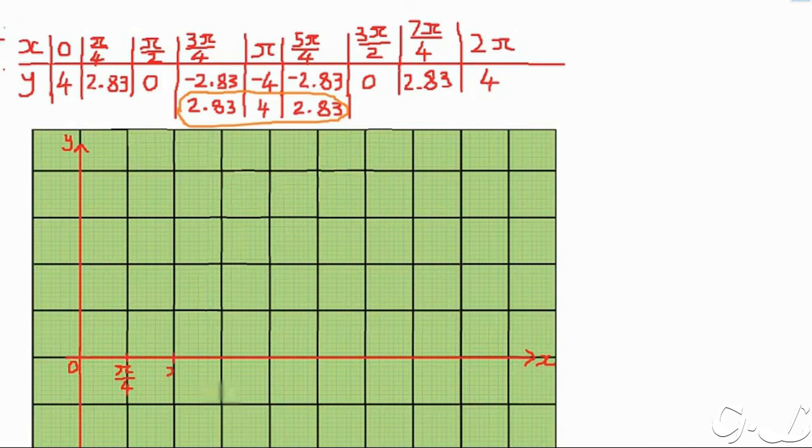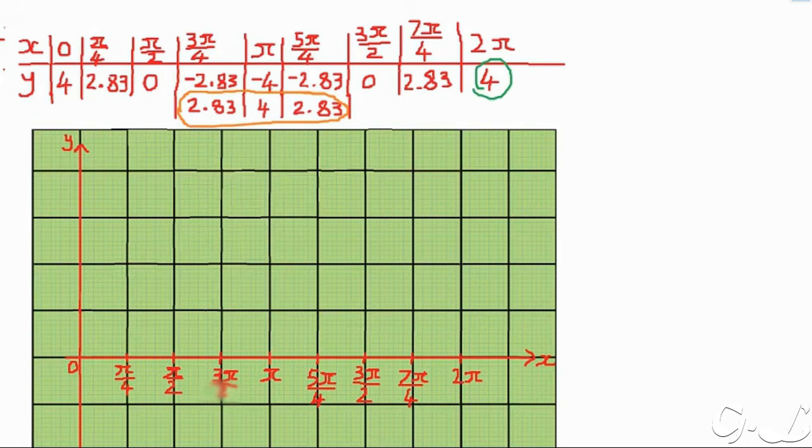We have 0, pi over 4, pi over 2, 3 pi over 4, pi, 5 pi over 4, 3 pi over 2, 7 pi over 4, and 2 pi, which is our last one.